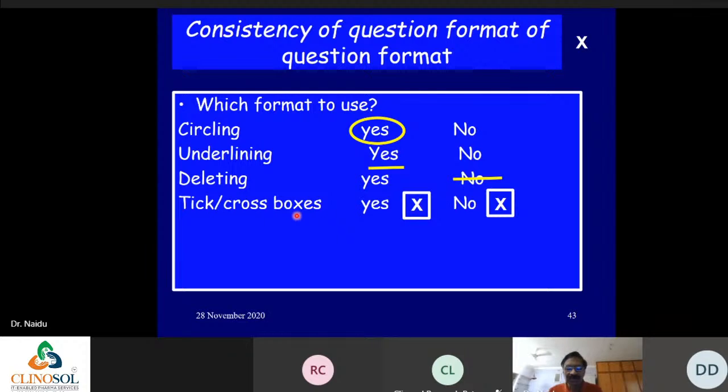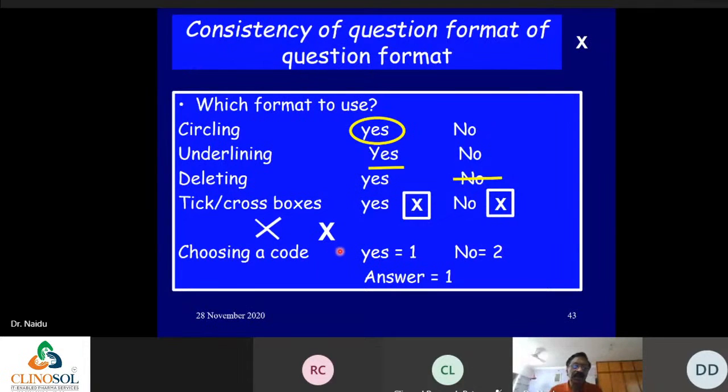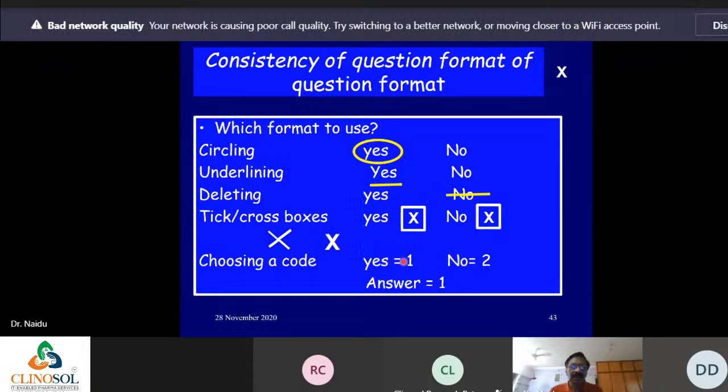For example, suppose I say put a tick mark, and he has put a tick mark. I can convert this tick mark into cross, but that uses a code. If yes, enter 1. If no, enter 2.